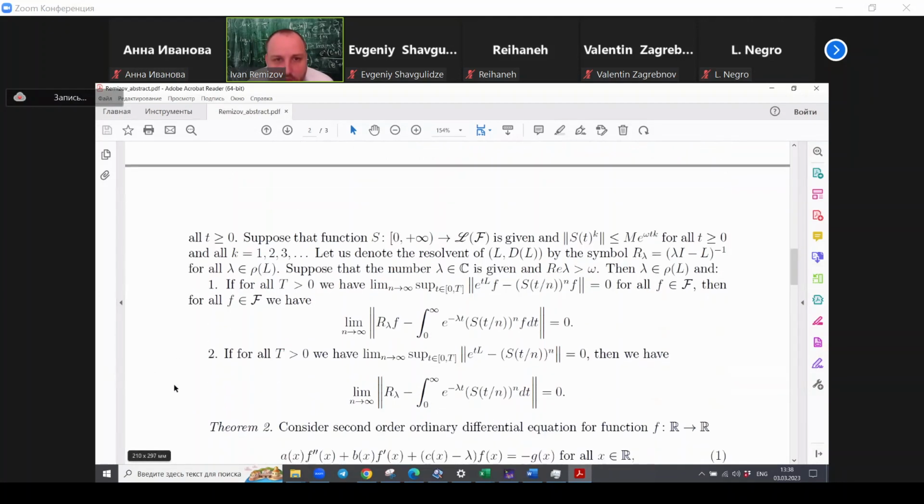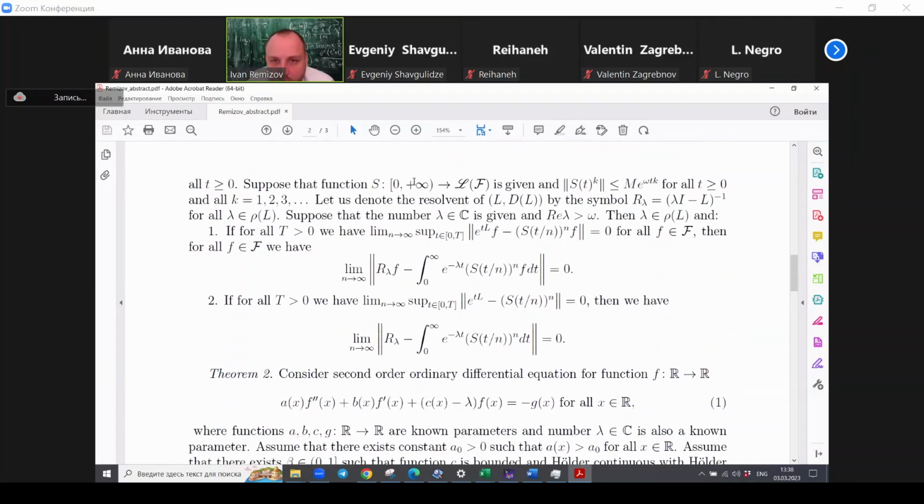Suppose we have function S which satisfies this condition, which is also not restrictive, and for example, if the norm of S of t is less or equal than e to the power omega t, then this condition follows from what I said. And let us denote by symbol lambda the resolvent.